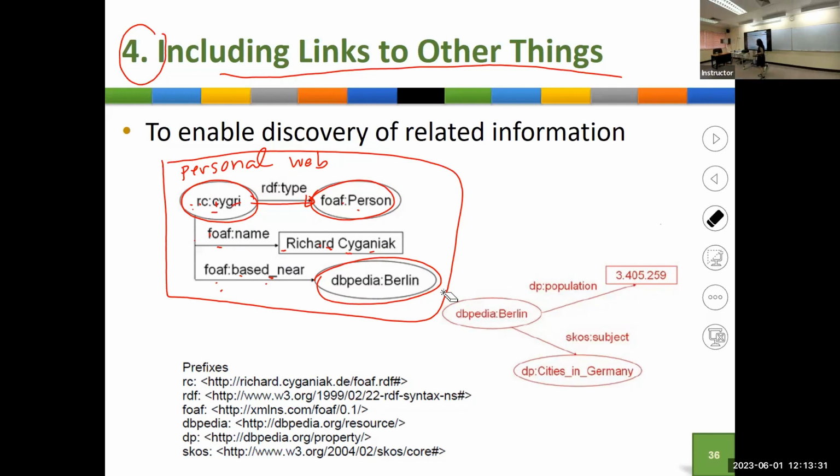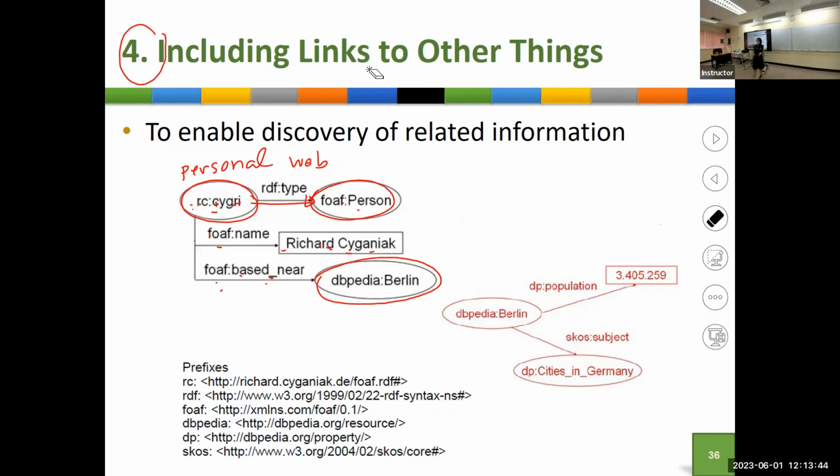Then related information or knowledge about things can be provided by another resource description. And this makes the network effect. You provide only what you know. You refer and link to other available knowledge, the knowledge available in other sources.